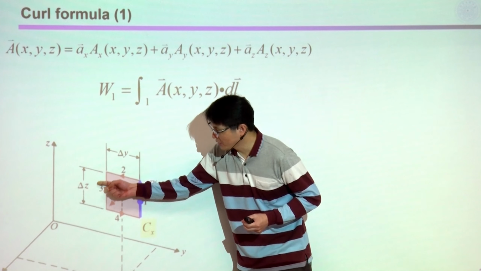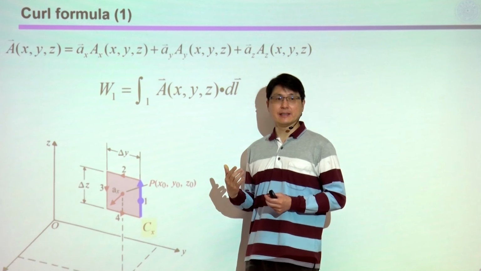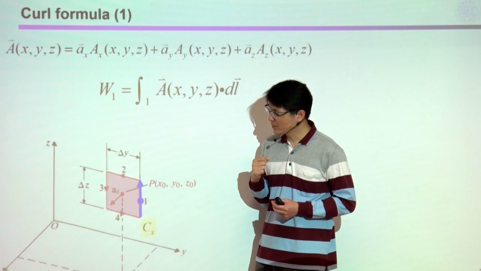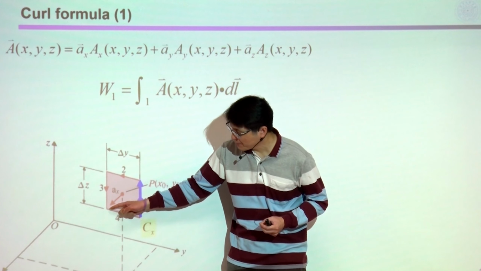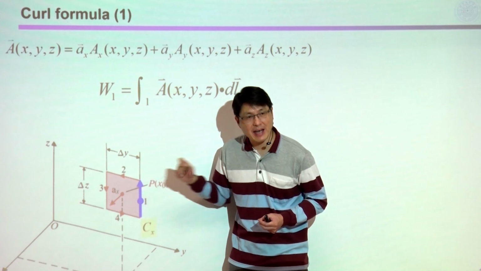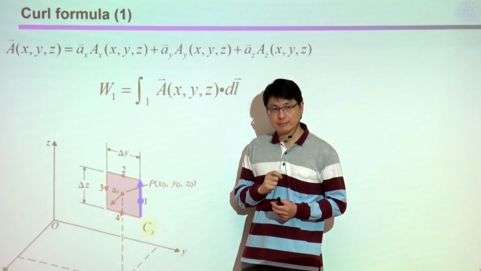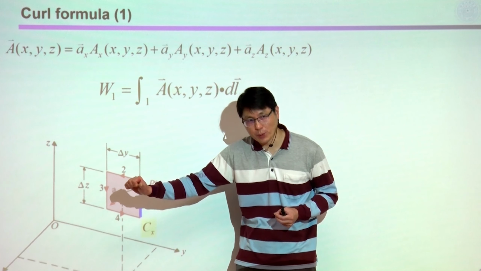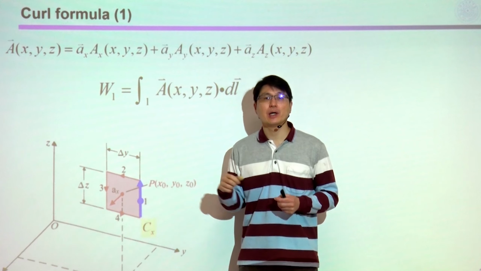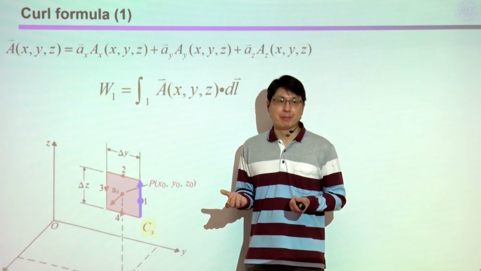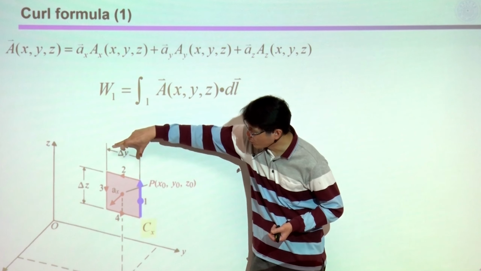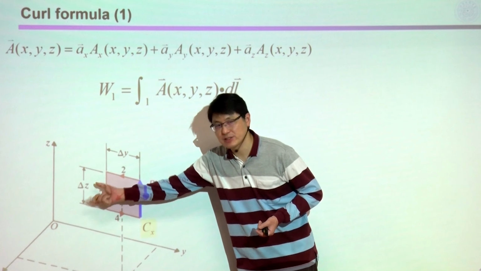So this closed loop is indeed a small surface. The direction points in the positive x direction. So that once the direction is pointing in x, you know its area must be defined by differential length in the y direction and z direction.